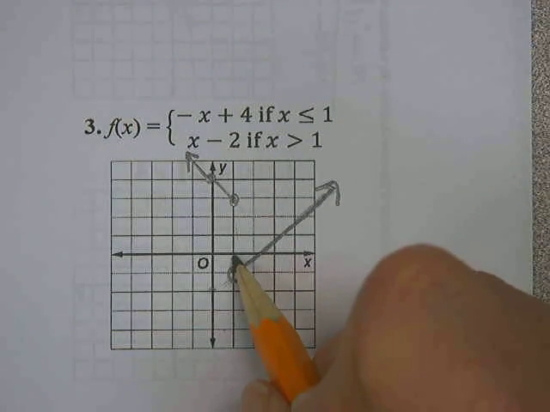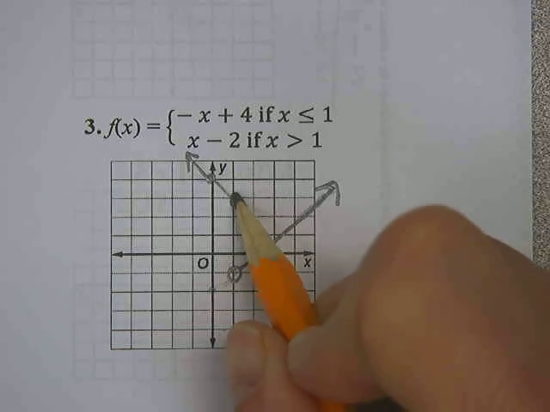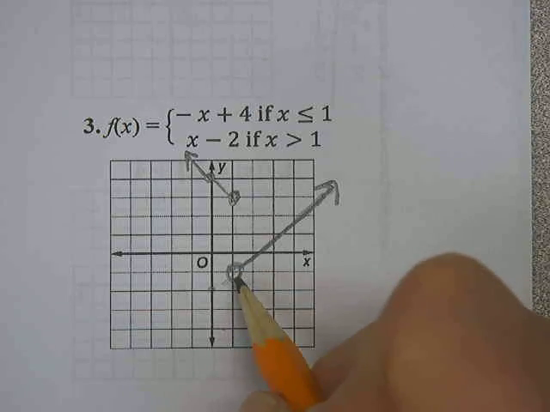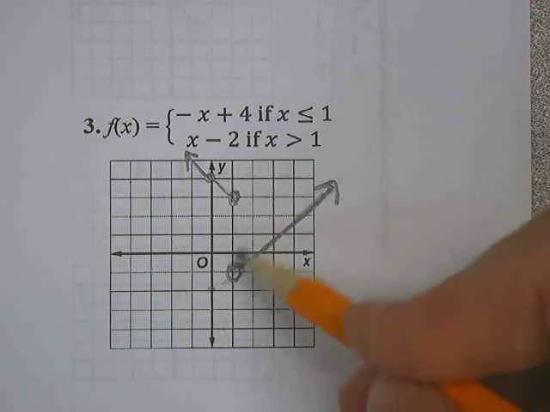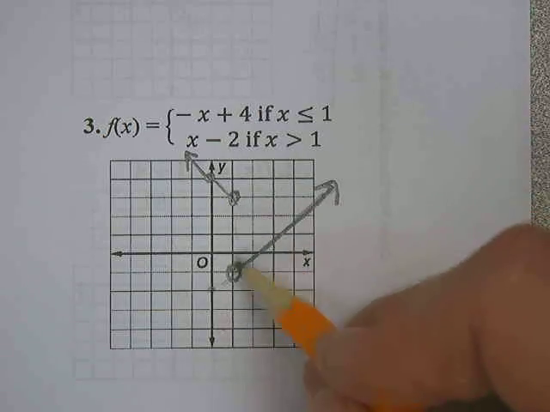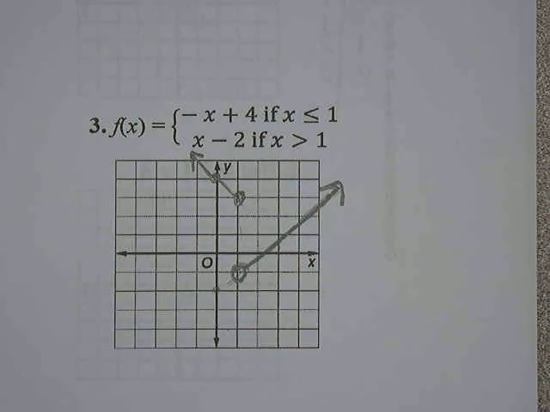So it's really important that you see at x equals 1, it's included in this top graph and it's excluded in this bottom graph. Why can it not be included in both? Because then it would not be a function. It would not pass the vertical line test.